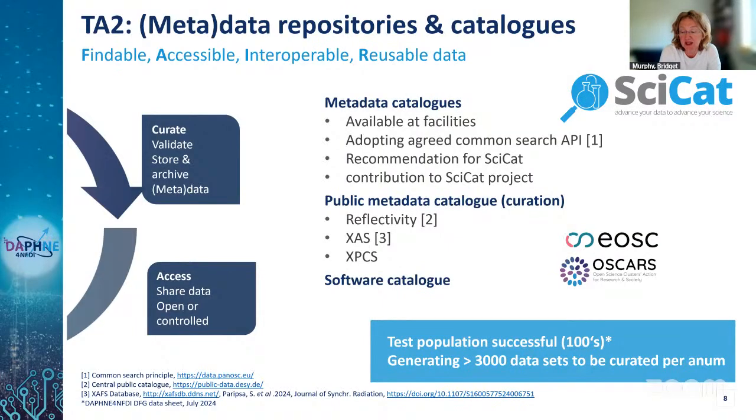We have hundreds of datasets, but we generate approximately about 3,000 really excellent data sets that are also published along with the publications in the year. And our aim is not only to curate all of the data, but in particular to look after these highly valuable data that is associated with publications so that it can be reused throughout the community.